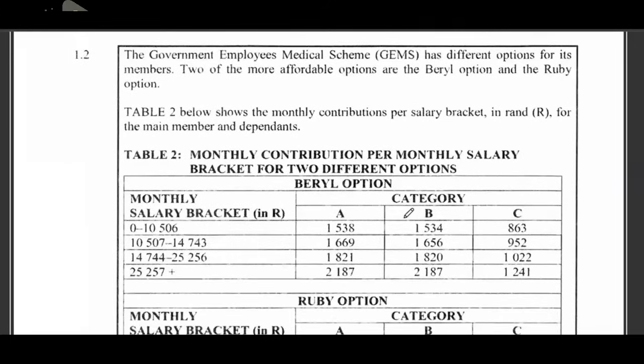1.2. The Government Employees Medical Scheme, the GEMS, has different options for its members. Two of the more affordable options are BL options and Ruby options.